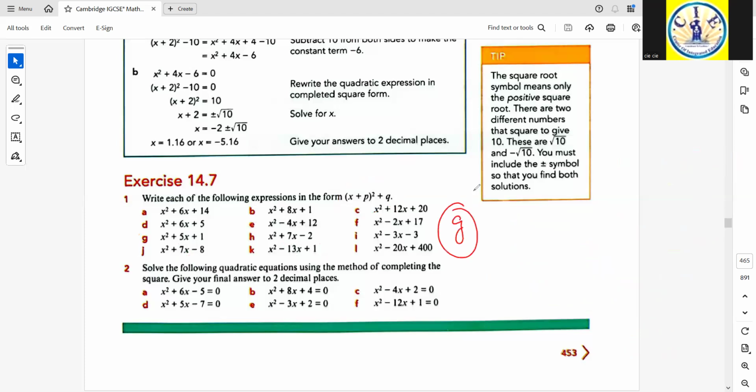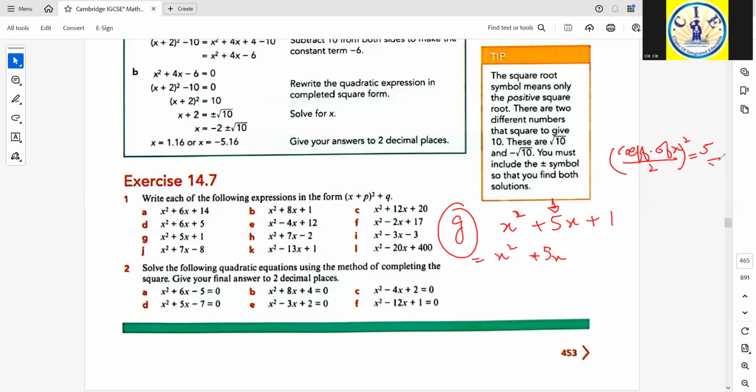Part G, for example, x square plus 5x plus 1. The first term is as it is, the second term is there without any change, and now I need to apply coefficient of x divided by 2 and its whole square. In this case, the coefficient of x is 5.